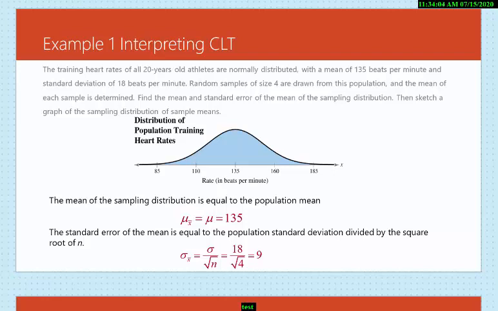So the first thing I want us to remember here is that we have the mean of the population and the standard deviation of the population. We already know that the population is normally distributed. Now, we take random samples of size 4.